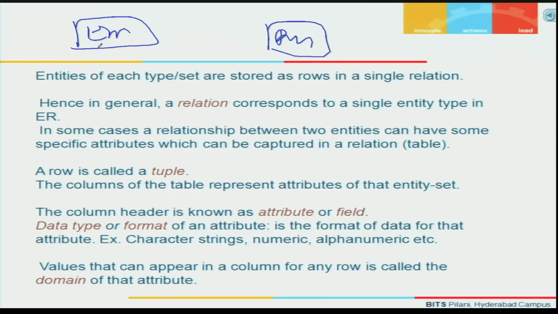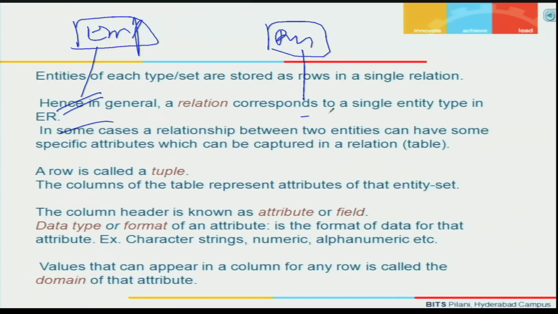Then all the entities that belong to employee type will go into one relation, and all the entities of entity type department will go into another relation. So that's why we have two relations here. Normally entities of each type are stored as rows in a single relation. Hence in general a relation corresponds to a single entity type in an ER model or ER diagram.